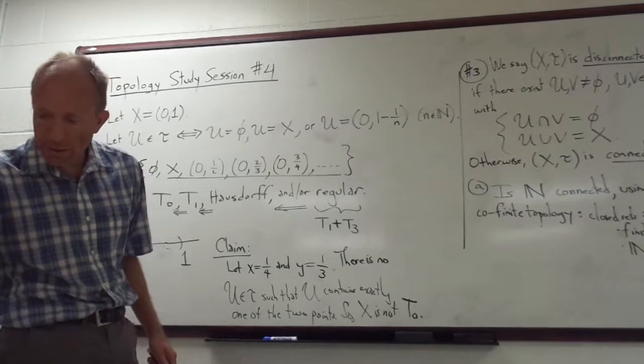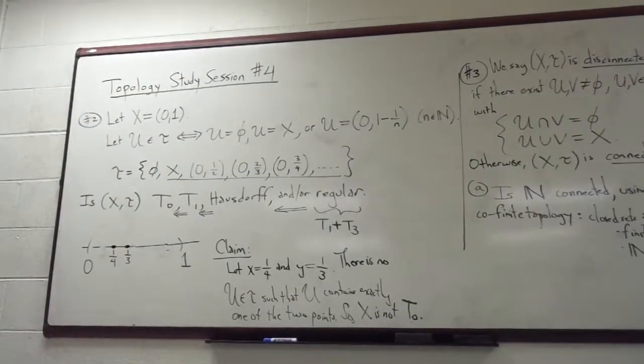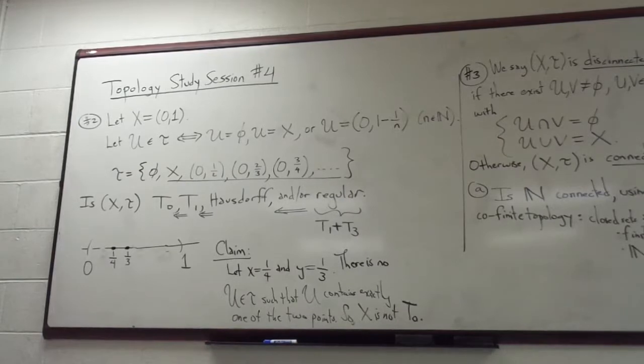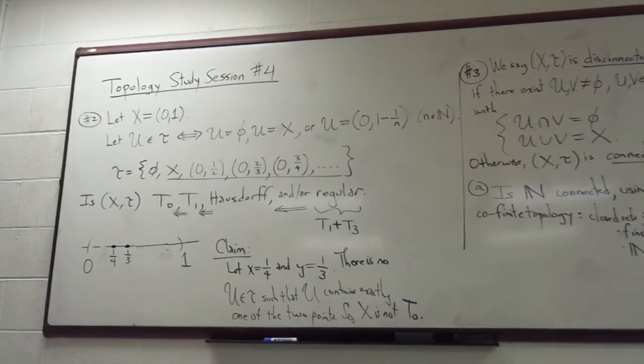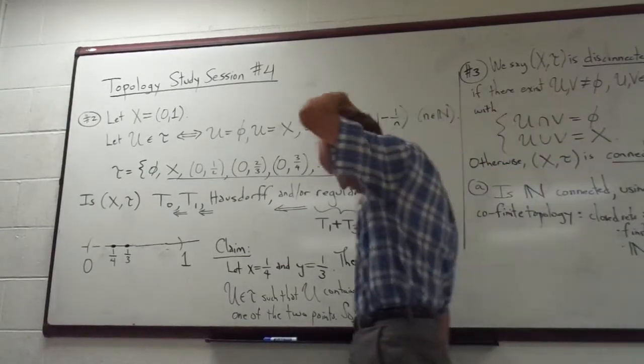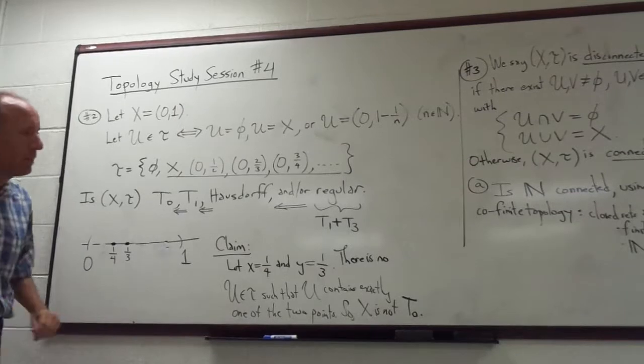I'll let you guys think about that for a second. Can I write, so remember, the open sets are the ones that have a finite complement. So can I have two of those sets that have a union that's the whole natural numbers, finite complement.